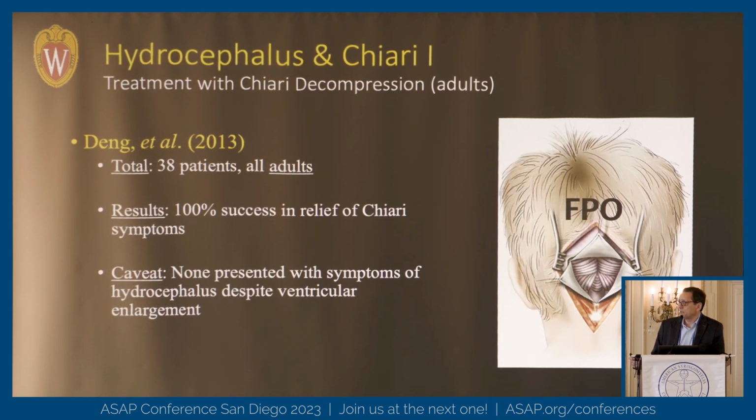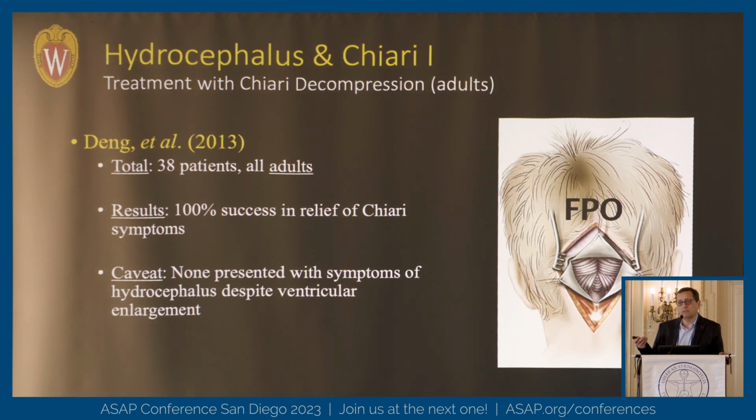How about posterior fossa decompressions? Well, this is an adult study by Deng et al. That stated that they had Chiari malformation and large ventricles. Now, the only caveat with this study is that most of these patients did not present with symptoms of elevated intracranial pressure.